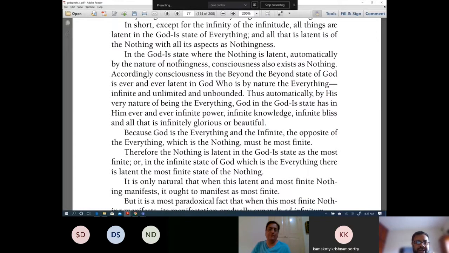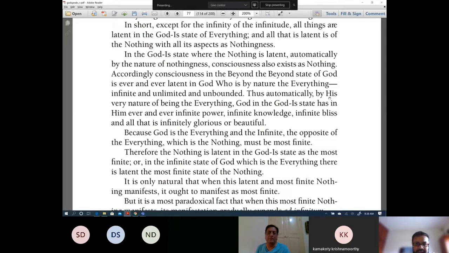In the God-is state, where the nothing is latent, automatically by nature of nothingness, consciousness also exists as nothing. Accordingly, consciousness in the beyond state of God is ever and ever latent in God, who is by nature the everything, infinite and unlimited and unbounded.